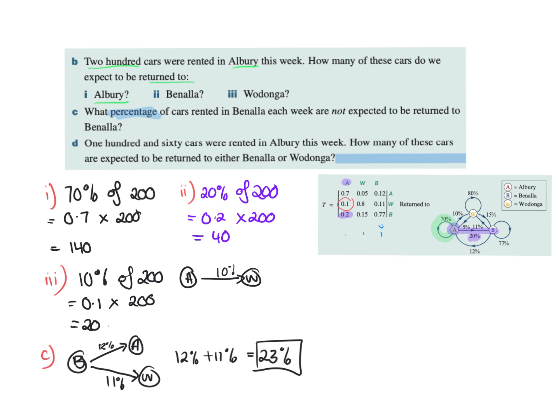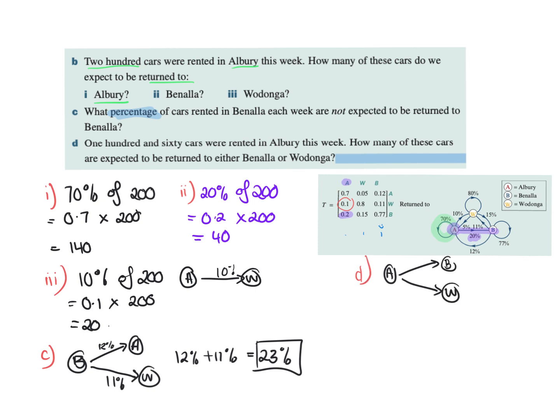Okay, and then question D, it says 160 cars were rented in Albury this week. How many of the cars are expected to return to either Benalla or Wodonga? So this is sort of another situation. We're at Albury and we want to know how many are going out to Benalla and Wodonga.